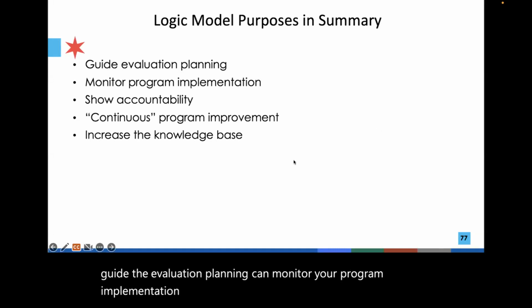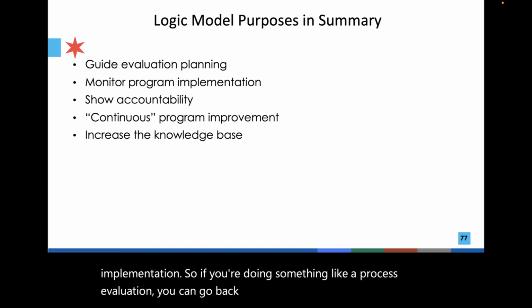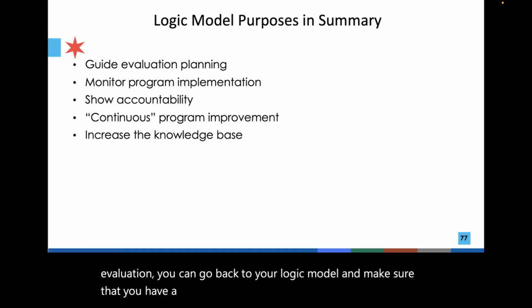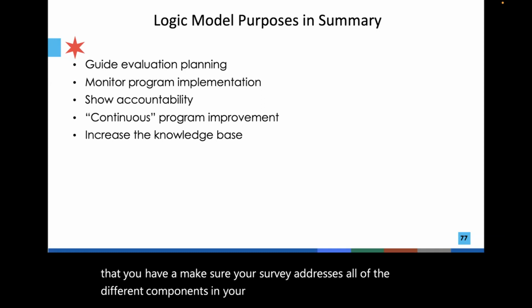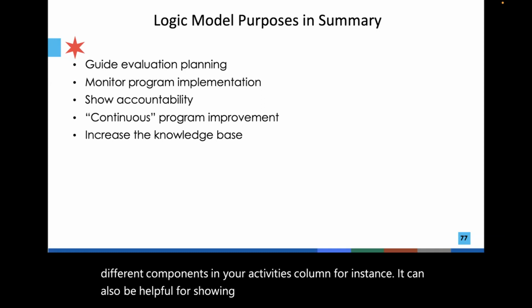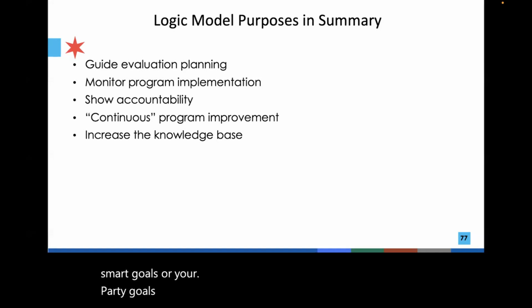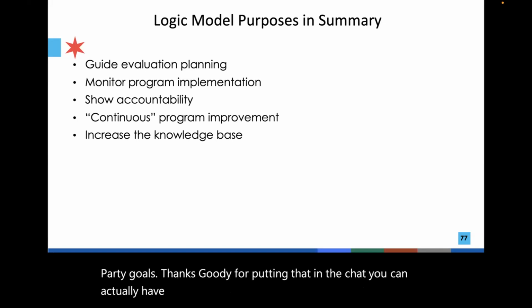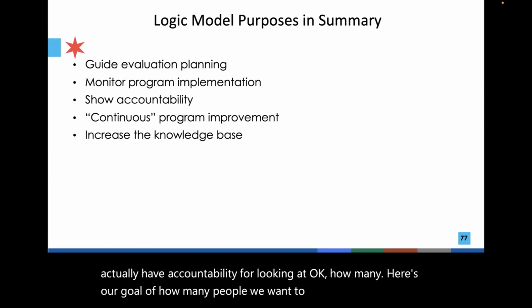If you're doing something like a process evaluation, you can go back to your logic model and make sure your survey addresses all of the different components in your activities column, for instance. It can also be helpful for showing accountability. If you have your SMART goals or your SMARTY goals, thanks Goody for putting that in the chat, you can have accountability for looking at, okay, here's our goal of how many people we want to serve or how many sessions we wanted to have.